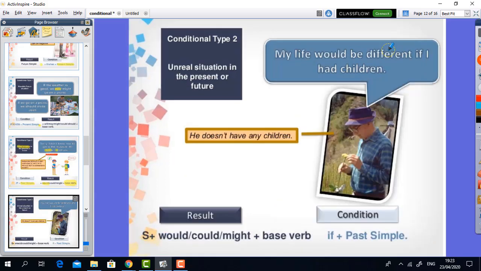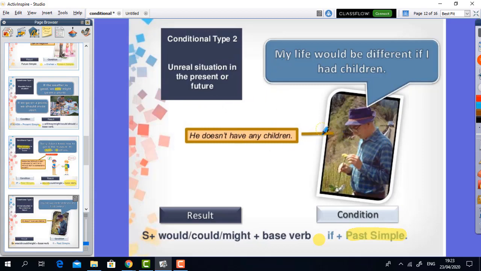Let's take another example and note here that the sentence begins with the main clause. We have a subject, would or could or might, followed by the bare infinitive, no comma, and the if clause, in which we have the verb in the past simple.